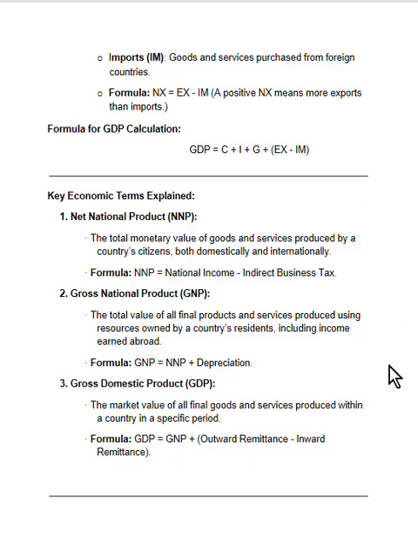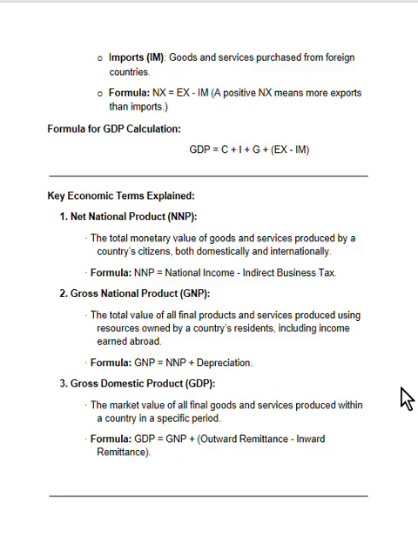Then some key economic terms are explained here: NNP, GNP, GDP. What does NNP mean? The total monetary value of goods and services produced by a country's citizens, both domestically and internationally. How to calculate it? National income minus indirect business tax. That means if we subtract indirect business tax from national income, we get NNP, or net national product.